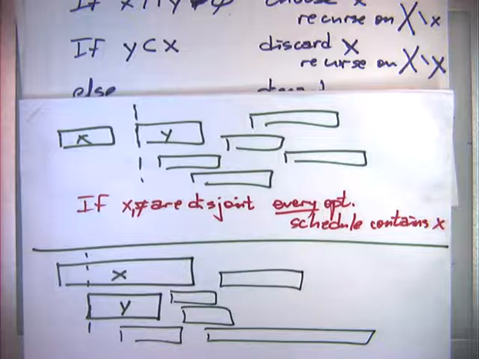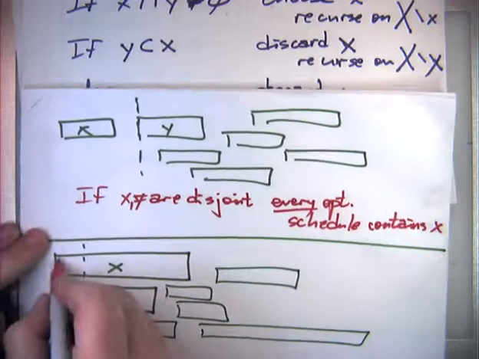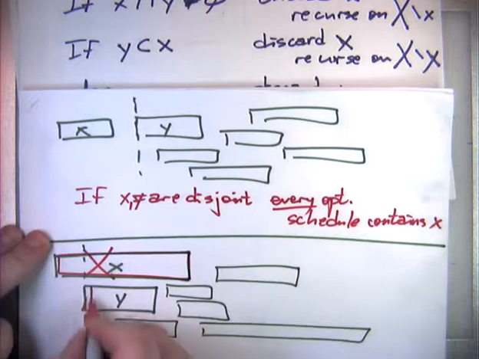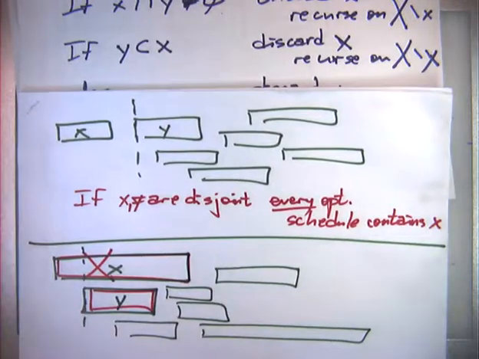And what I want to show is that there is an optimal schedule that does not contain X. So for the sake of argument, suppose I have a schedule that contains X. That schedule cannot contain anything that overlaps with X, and therefore that schedule cannot contain anything that overlaps with Y. So if I exchange X for Y, if I throw out X and include Y, I still have a valid schedule.